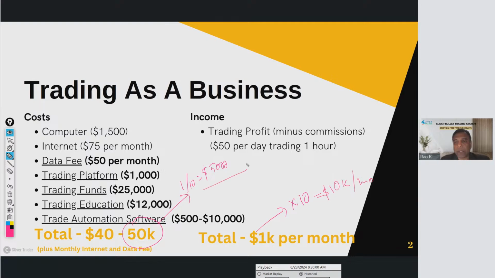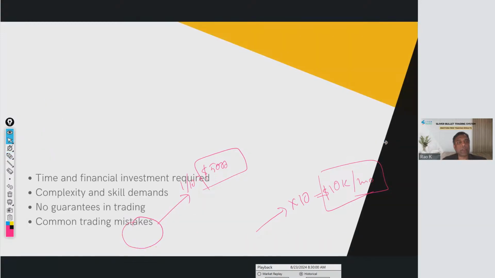So one time $5,000 and every month $10,000. Does this business model make sense? Of course it makes sense, because every month we'll be recovering our cost forever after a one-time cost. And we'll show in the presentation how you can achieve that through trading.